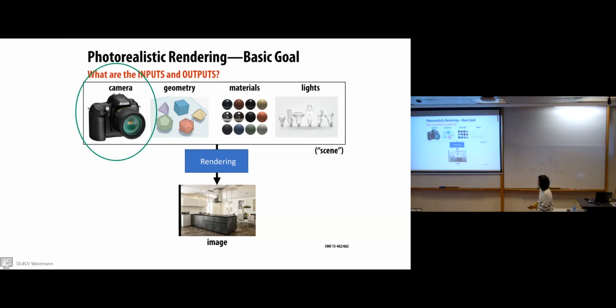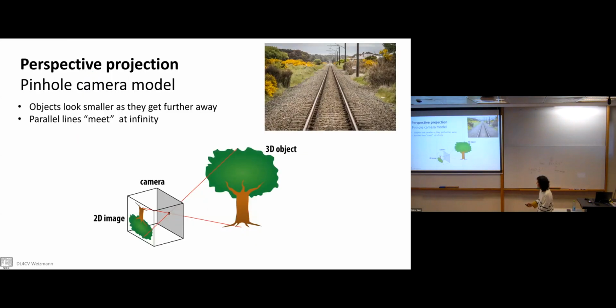Okay. So let's speak about the camera very shortly. The model of the camera is perspective projection with the pinhole camera model. What do I mean by that? Think about an object in 3D. Think about a box. The image is projected from 3D to 2D, like here, through this hole.